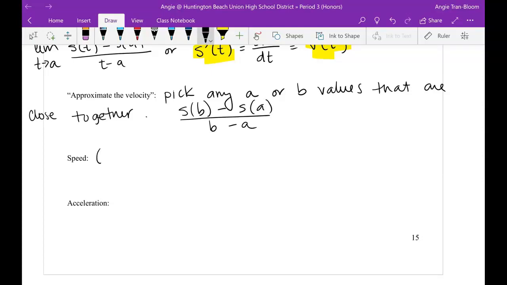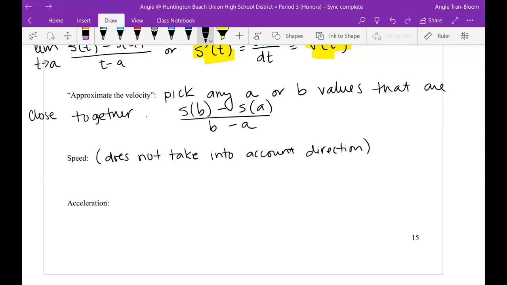Okay, so the difference between speed and velocity is that speed does not take direction into account. That's the difference between speed and velocity, okay? It can only be positive. So the speed can never ever be negative.